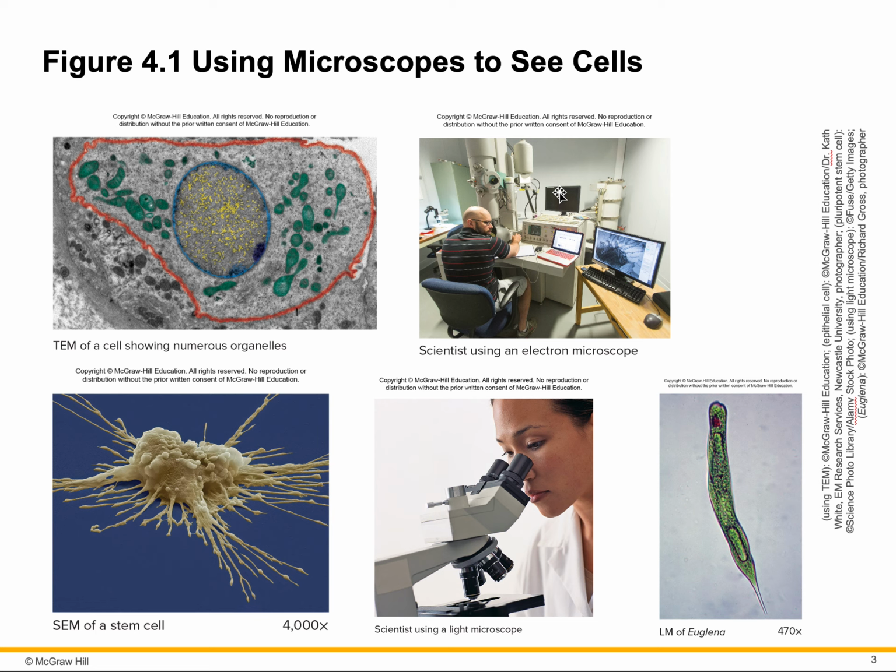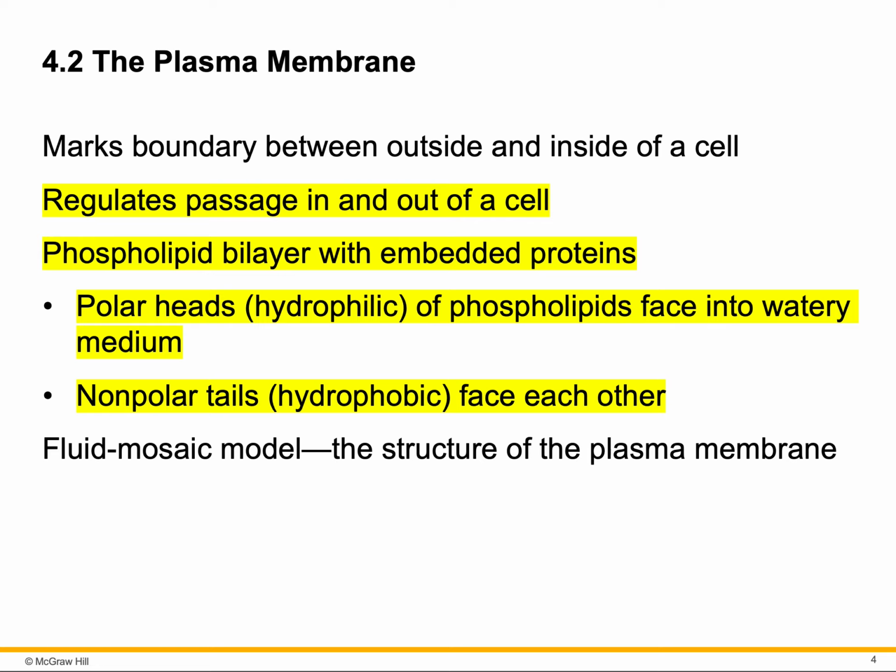All cells do have a boundary or an outer part, which is what we call the plasma membrane. The plasma membrane has a really important function, which is to let certain things in and out of the cell. What it's made out of is what we call the phospholipid bilayer. So it's made out of lipids, and there are also some proteins embedded inside of this bilayer. There's a polar head and a non-polar tail.